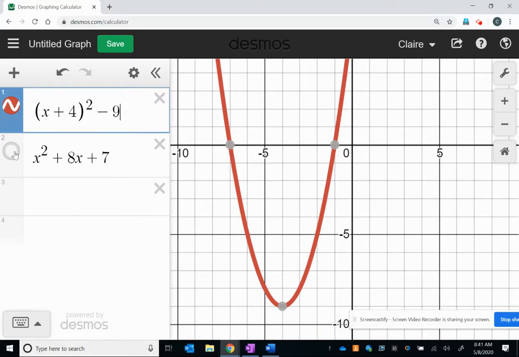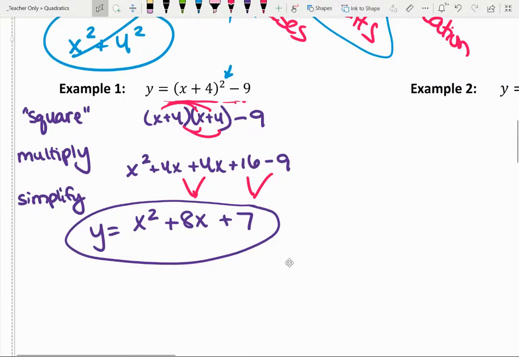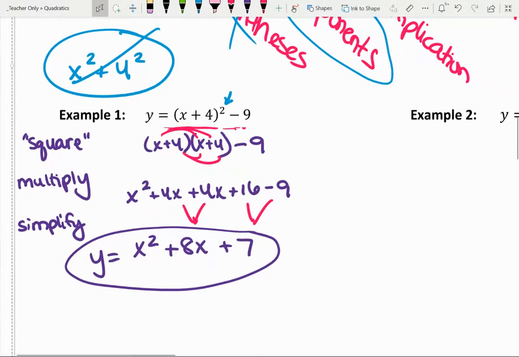And when I graph this, it should be exactly the same as my vertex form. So they are in exactly the same position. They just lay one right on top of the other, which means that they are equivalent, which means we've rewritten this correctly. So again, remember what that squaring means and what it doesn't mean.